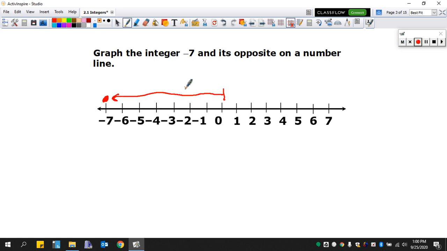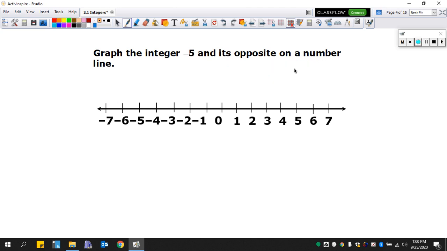So what we want to do is go 7 spaces to the right. It's not difficult. So the opposite of -7 is +7. So -7 and +7, and if it's positive, you don't have to put the plus sign down, are opposites.